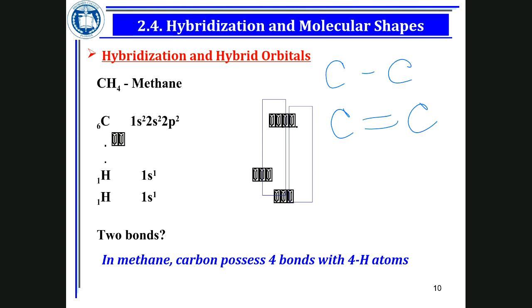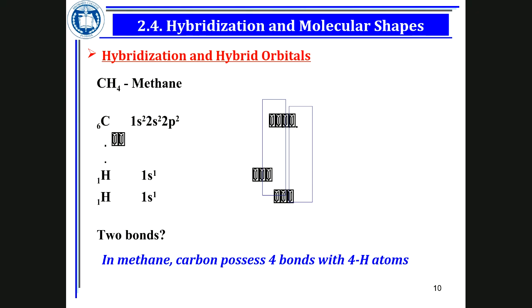Okay, formation of methane. How does a molecule of methane form using the orbital diagram? If we talk about the orbital diagram, that means we are going to have the s orbital.